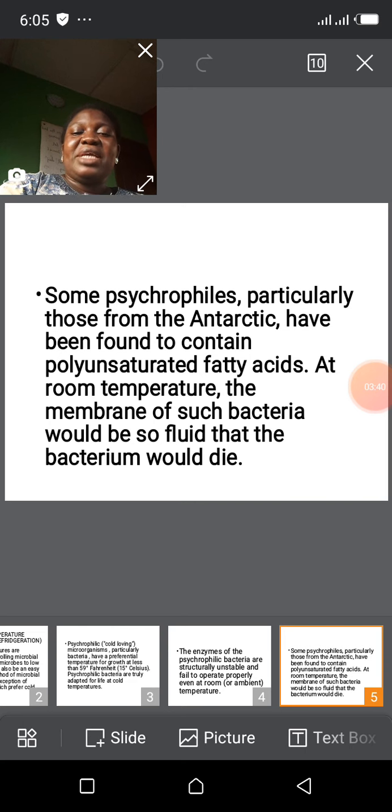Some psychrophiles, especially those from the Antarctic, have been found to contain some polyunsaturated fatty acid, and this polyunsaturated fatty acid will become very fluid at room temperature. The membrane of such bacteria will become so fluid at room temperature, which could lead to the death of the microorganism, and that's why they don't thrive well even at room temperature, but they grow very well at very low temperature.